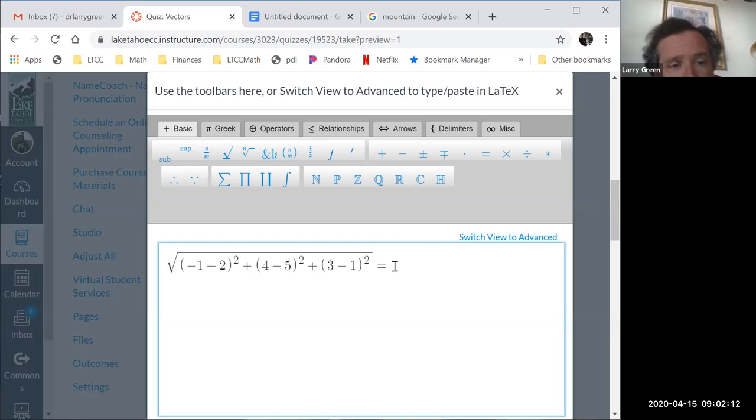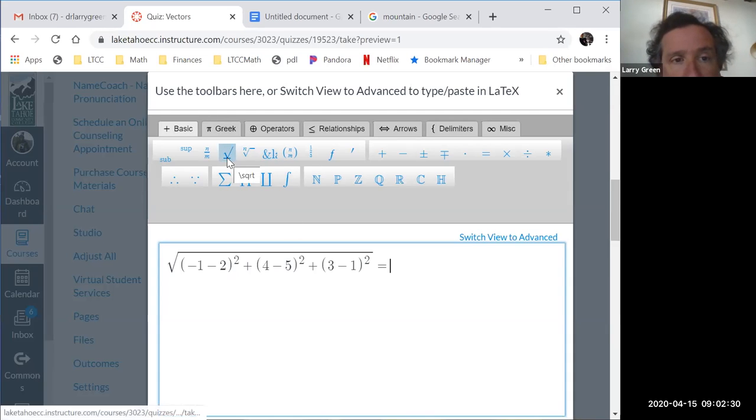Okay, and now we just do that. I'm just going to do it in my head. -1 minus 2 is -3. -3 squared is 9. 4 minus 5 is -1. -1 squared is 1. So now we're at 10. And then 3 minus 1 is 2. 2 squared is 4. We're at 14. So it's root 14.